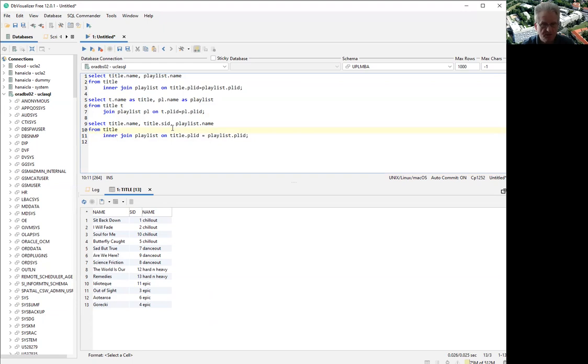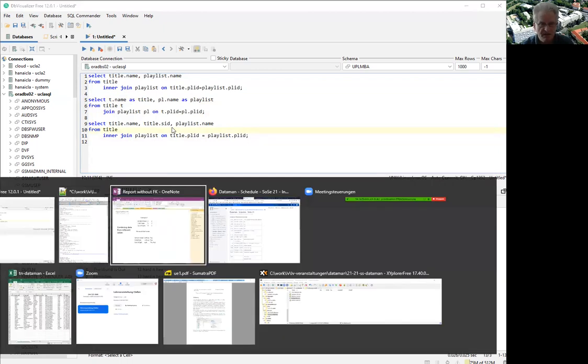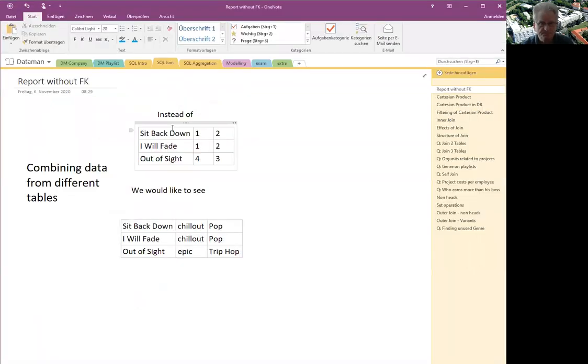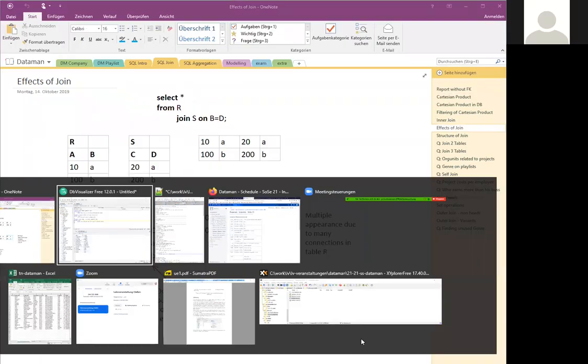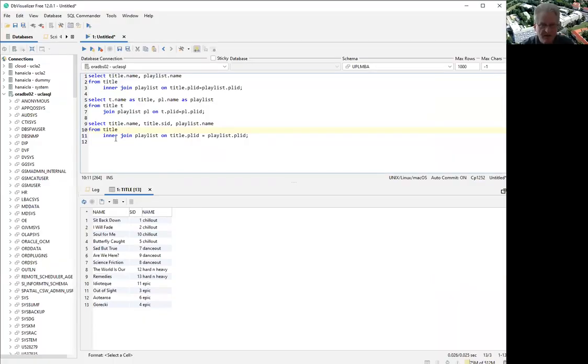Okay, so this is the join that we have seen, and now let's talk about the join a little bit. Professor, can you please post the renamed version? I mean the edited version, with the new names.